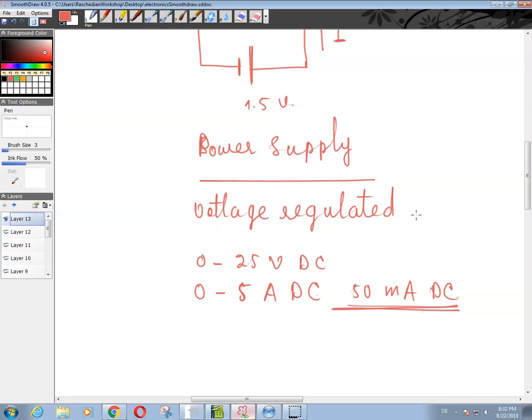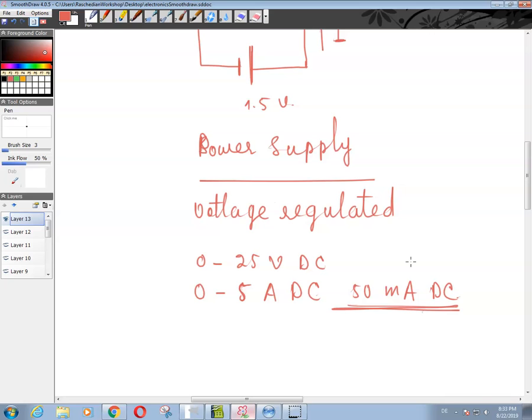So if for any reason you need to limit your current to any value, you can do so by turning a knob, and your current will be set to that limit and will not exceed it.